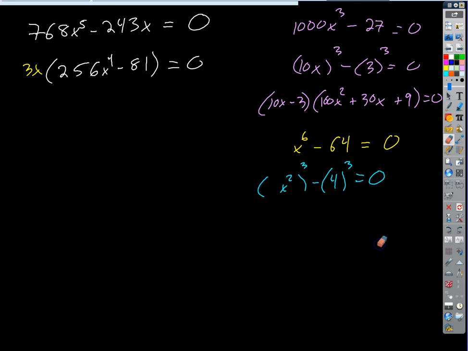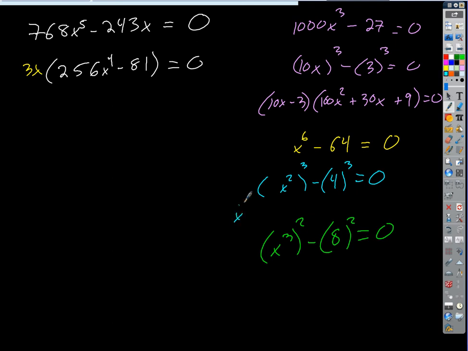So if it's x to the 6th minus 64, I could either break that down into difference of cubes, x squared cubed minus 4 cubed, right? Or I could break it down into difference of squares. I could make it x cubed squared minus 8 squared, right? Okay, you see the problem with doing the top one. If I were to break this apart into a difference of cubes, look what's going to happen.